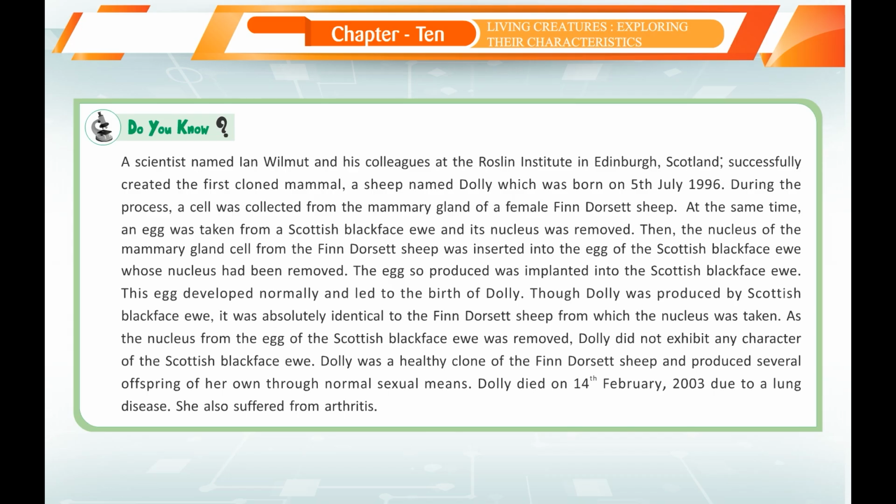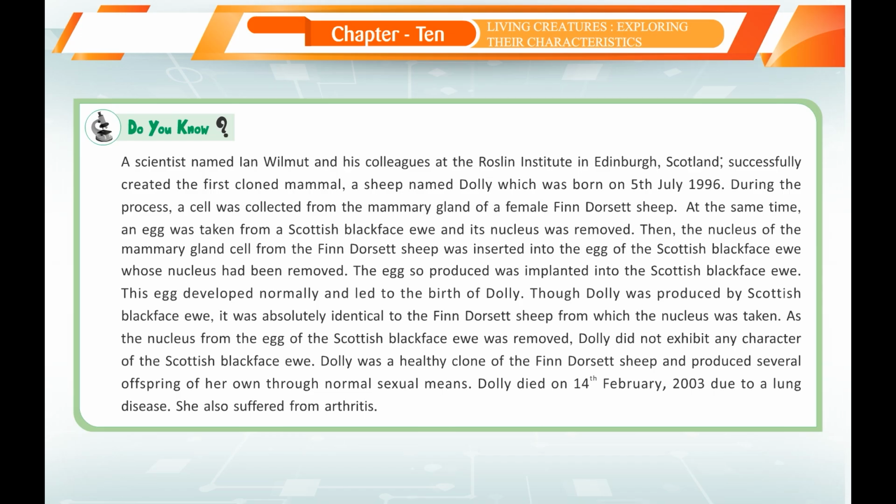At the same time, an egg was taken from a Scottish Blackface ewe and its nucleus was removed. Then the nucleus of the mammary gland cell from the Finn Dorset sheep was inserted into the egg of the Scottish Blackface ewe, whose nucleus had been removed. The egg so produced was implanted into the Scottish Blackface ewe. This egg developed normally and led to the birth of Dolly.